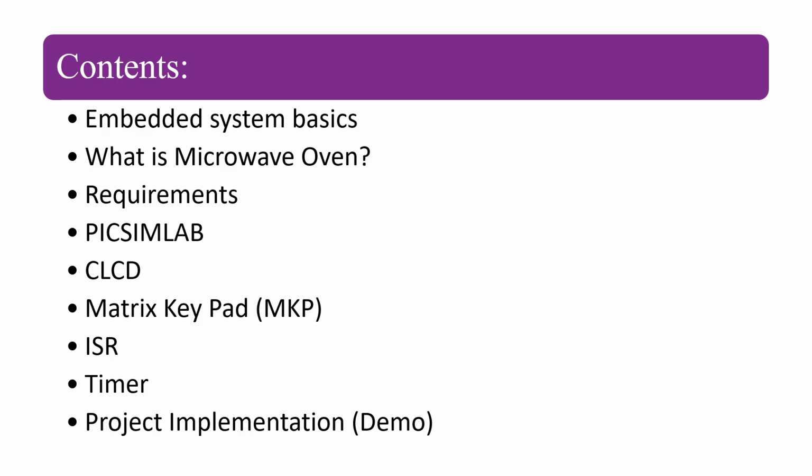Next slide is the contents, what I'm going to cover in this full video. The contents are basically: what is an embedded system? It's the first and the basic question. Second is what is a microwave oven, how it works, and how we have to encode it.